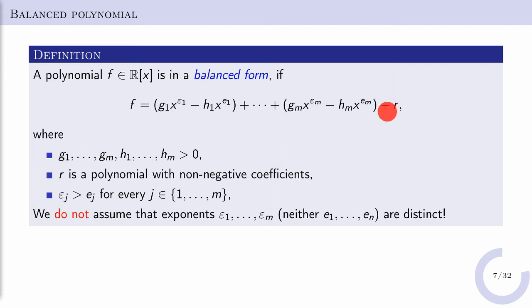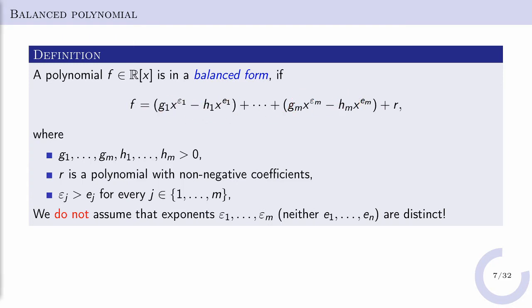Because all the coefficients of R are non-negative, it follows that R cannot have any positive roots. So this R can be here or it can be zero, it doesn't matter. We say that the coefficients are non-negative, so if R is zero, then it's okay. The important part is the sum of these binomials.